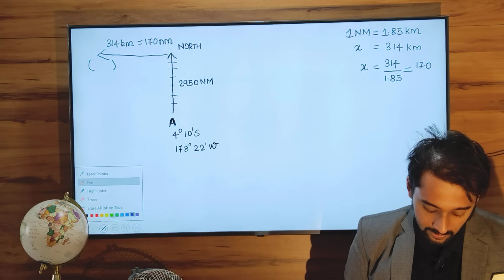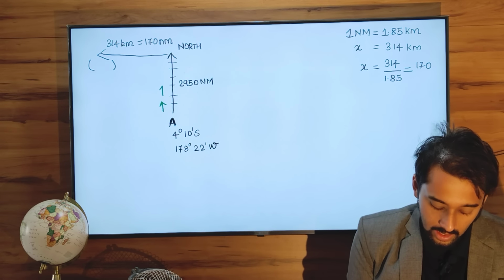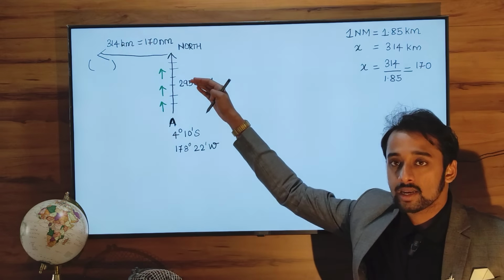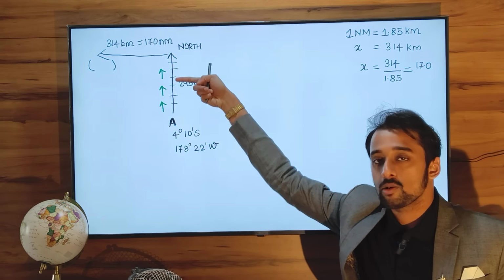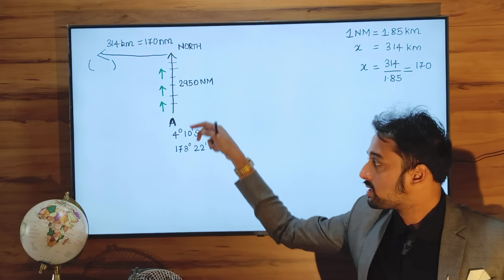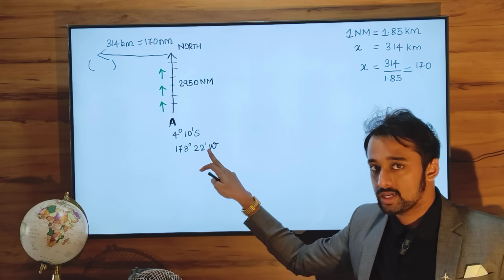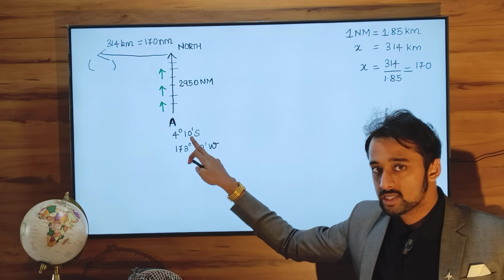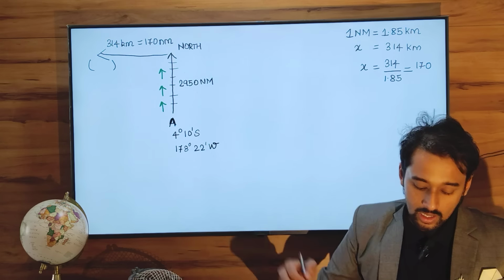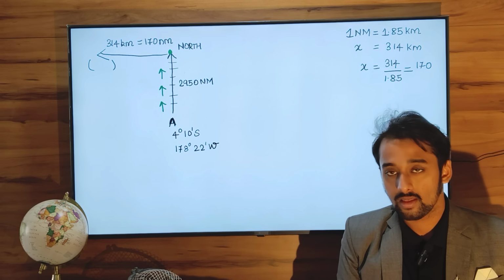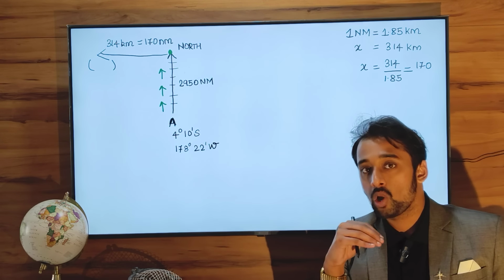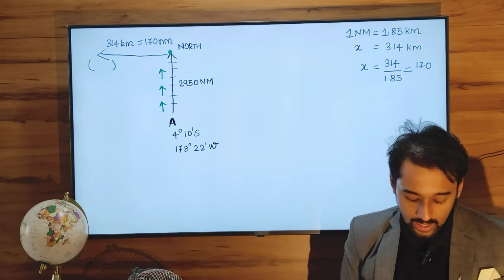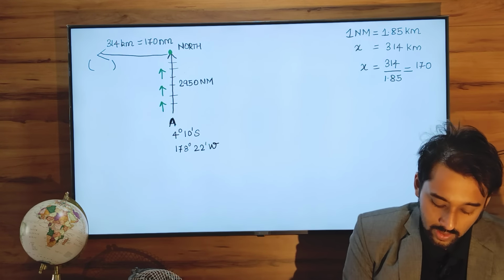As this aircraft flies in a northerly direction, it will cross many latitudes, but it will fly along the same meridian of 178 degree 22 minutes west. That won't change. What will change is the initial latitude of 4 degree 10 minutes south, which will change when it goes to its final position. And when you travel along a particular meridian between different latitudes, you are actually flying a great circle track. I have said this many times.